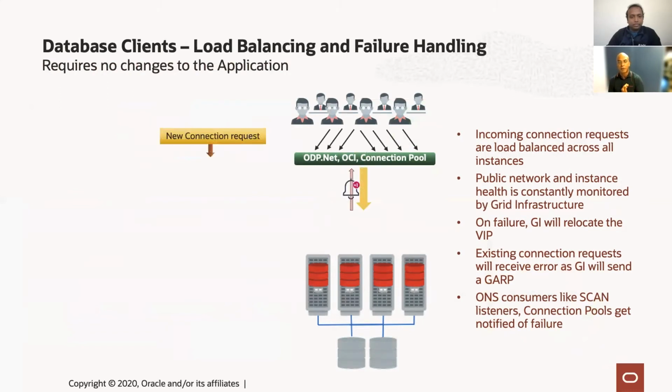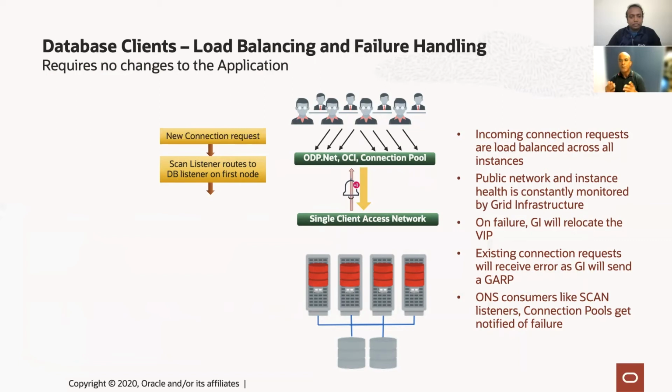Now, in Oracle Real Application Clusters, we have this concept of SCAN, or single client access network. The single client access network also makes sure that the workload is balanced across all the instances, and it has different capabilities to load balance, both client connection-based load balancing and rule-based runtime load balancing.